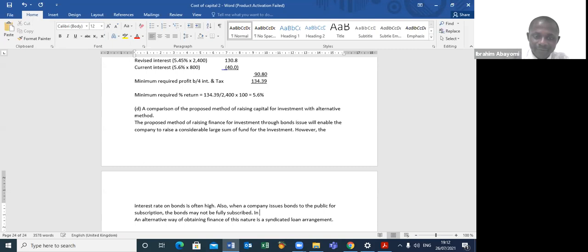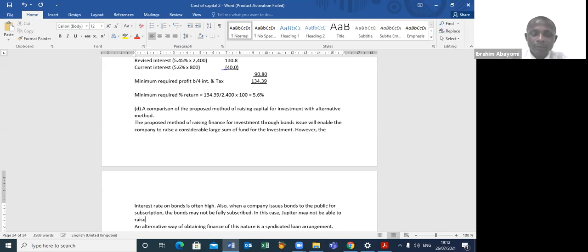In this case, Jupiter may not be able to raise the actual amount needed for the project.